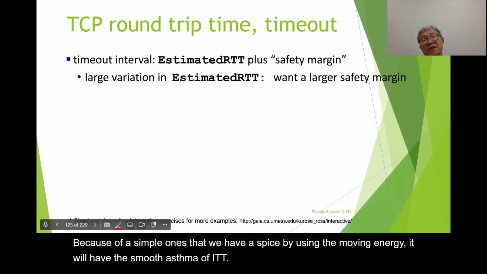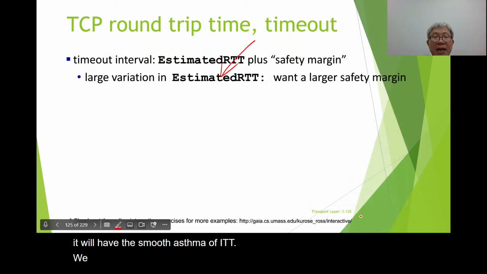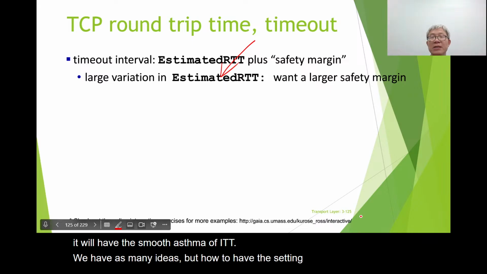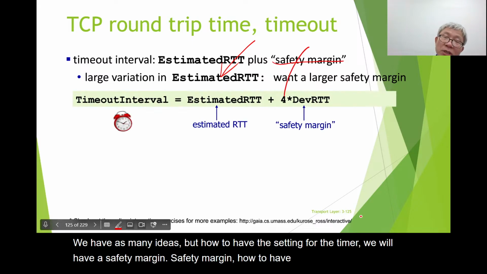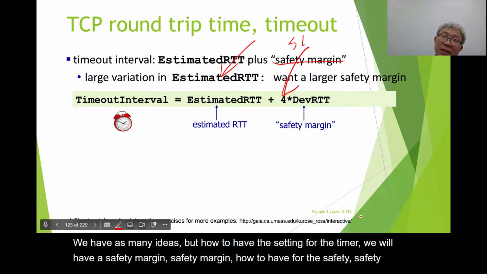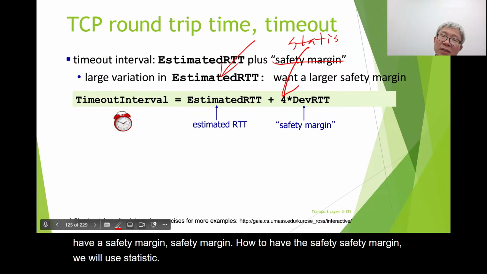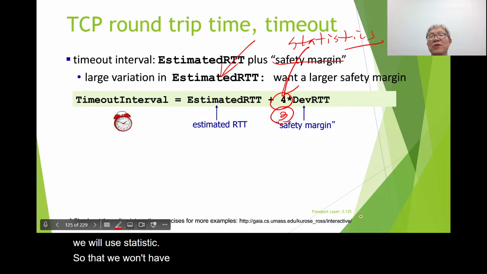Well, we have the estimated RTT, but how to set the timer? We will have a safety margin. Safety margin, how to have the safety margin? We will use statistics, so that we will have 3 or 4. Here we set it to 4.